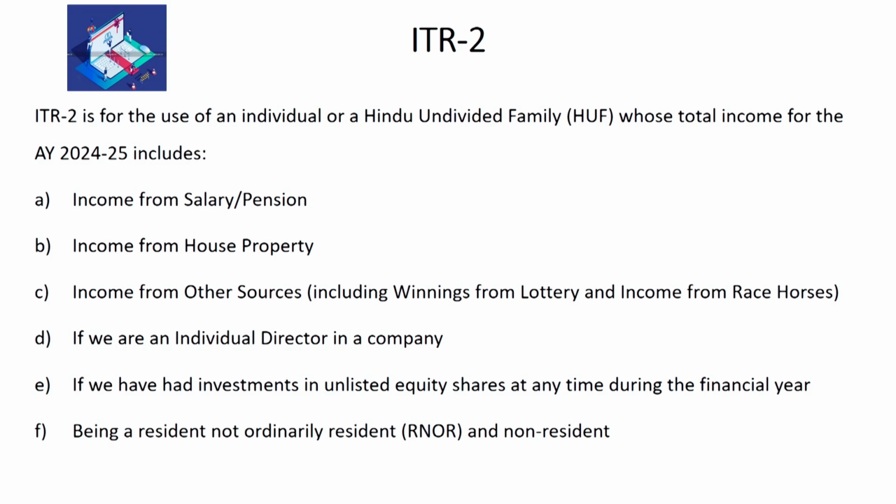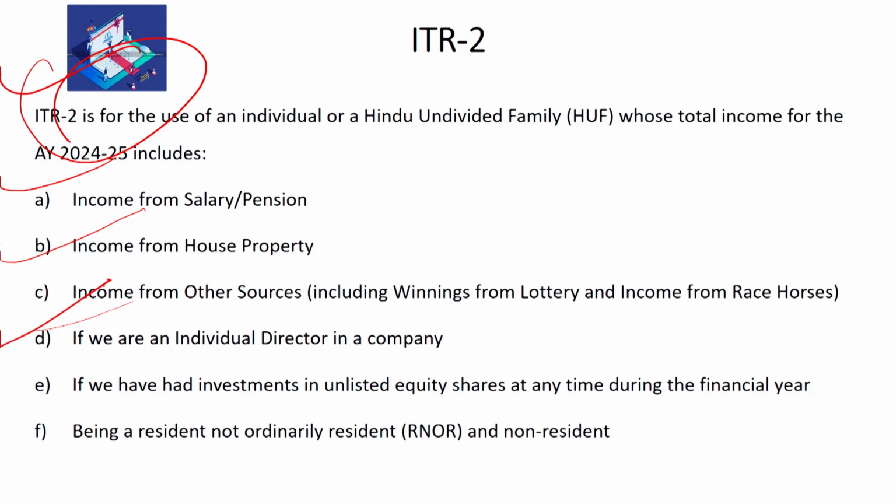Second, ITR 2, Income Tax Return 2. ITR 2 is for the use of an individual or Hindu Undivided Family whose total income for the assessment year 2024-25 includes income from salary and pension, income from house property, and income from other sources, including winnings from lottery and income from racehorse.